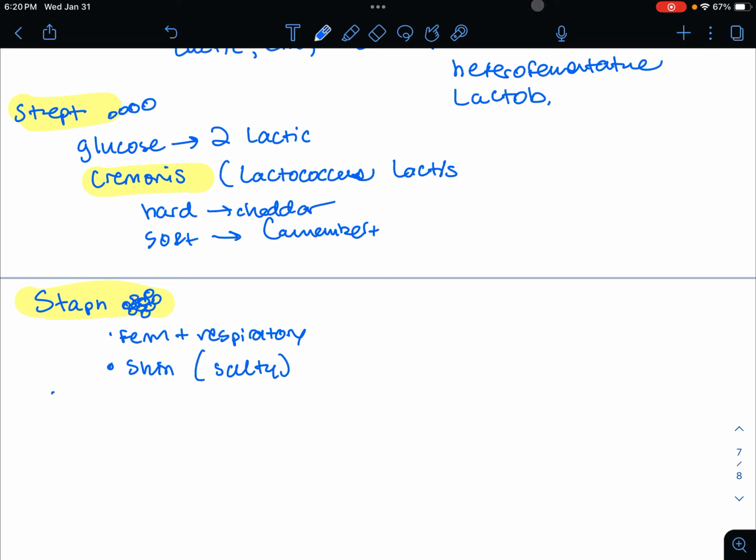There's a virulence factor called protein A in aureus. This virulence factor prevents IgG, one of the types of antibodies, from stimulating the immune system.